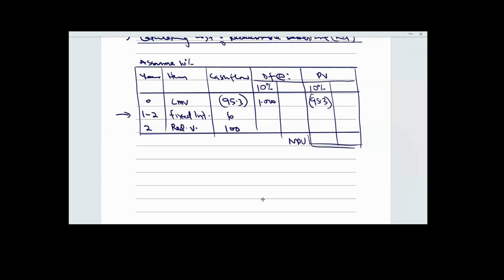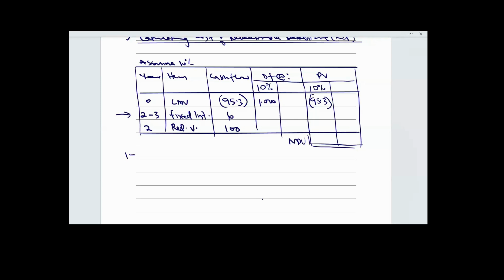So when you are calculating your annuity factor, you cannot do year 1 to 2 because tax is paid in arrears. So the interest that the company is supposed to pay in year 1 will be paid in year 2. The interest of year 2 will be paid in year 3 because there is 1 year lag. Therefore, I cannot do year 1 to 2. It has to be year 2 to 3 because of tax impact.